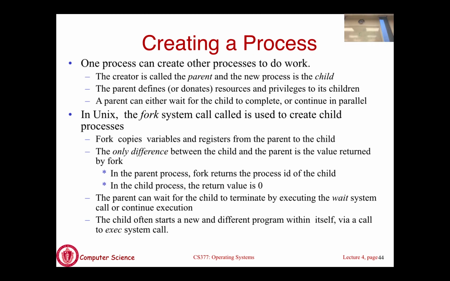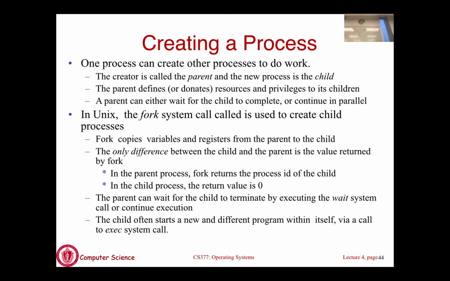Now, in reality, as far as Unix-like operating systems are concerned, every process, even what I said on the previous slide, has to be created by some other process. Processes don't magically appear. So every process is going to have a parent, the process that created it.